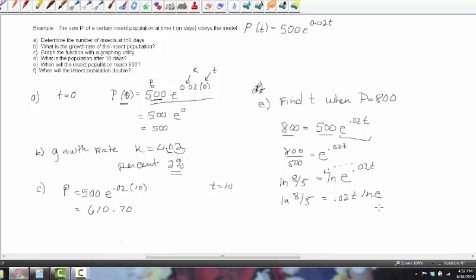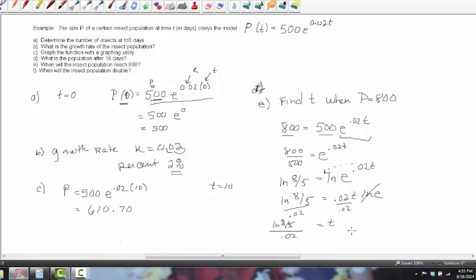The natural log of e is 1. So 0.02t times 1 is just 0.02t. So to get t by itself, I divide both sides by 0.02. So t is equal to the natural log of 8 over 5 divided by 0.02.